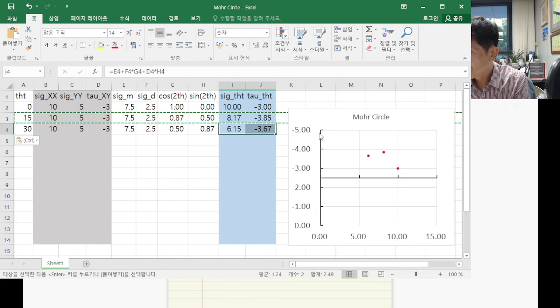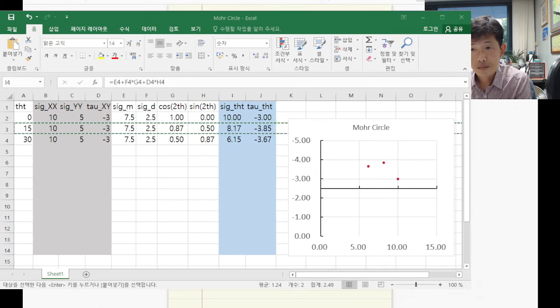So if you choose the direction of the shear stress axis with downward positive, then we're going to have the same direction both in the actual domain and in the domain of the Mohr circle. Okay, and then let's consider even more.